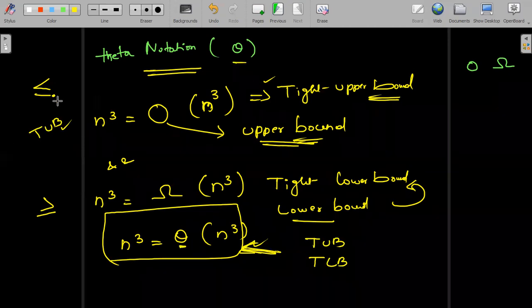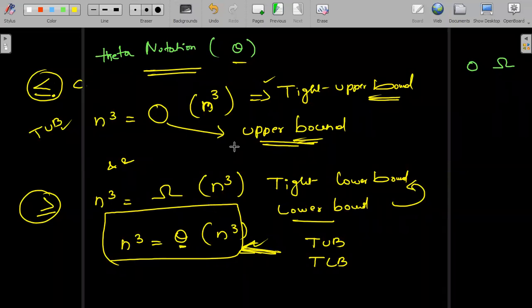I already explained why I have to take less than or equal to, why we have to take greater than or equal to, what we have to prove, and how we prove it using constants. All those things I explained. Going a little deeper, why am I calling it a tight upper bound?